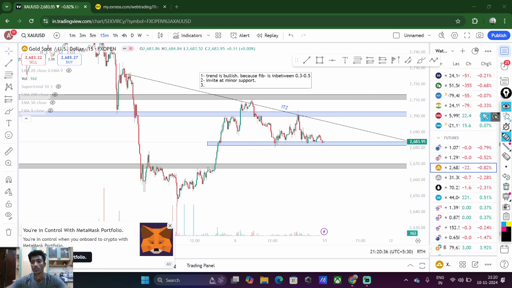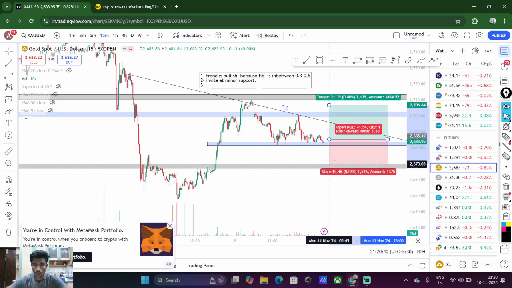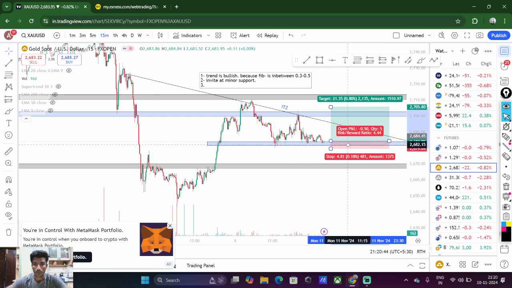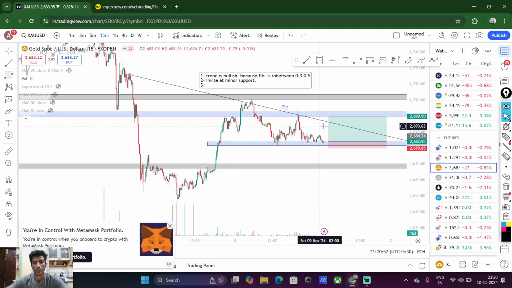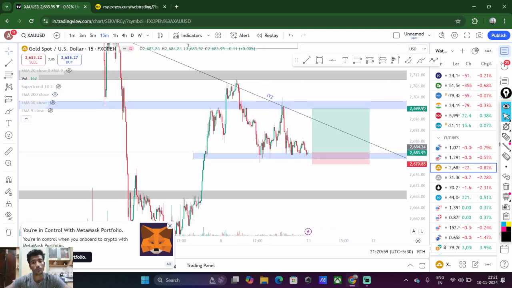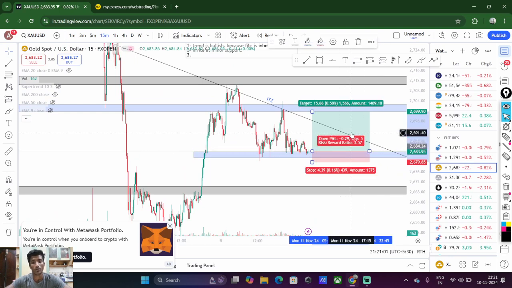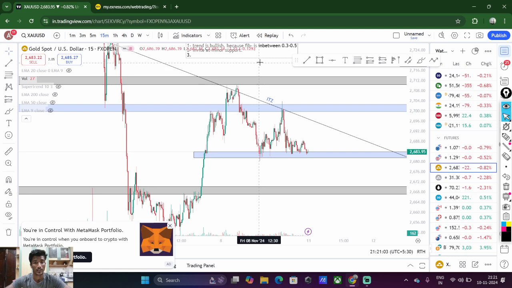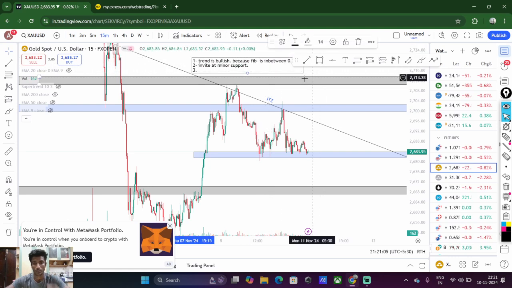To be precise, let me place the tool, right? We will keep a 50 pips range, 45 to 50 pips stop loss, and at least capture 150 pips, or 1 is to 3.5. This will be our trade plan for tomorrow or the next 2 days, whenever the setup is formed.